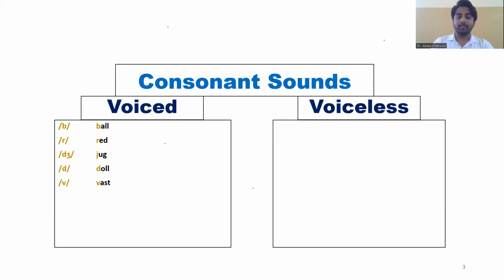Then va sound, as in vast. Then ma sound, as in mad. Then na sound, as in net. Then ga sound, as in gap. Then wa sound, as in wet. Then z sound, as in zebra. Then za sound, as in lesson.